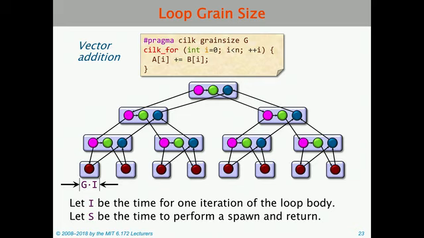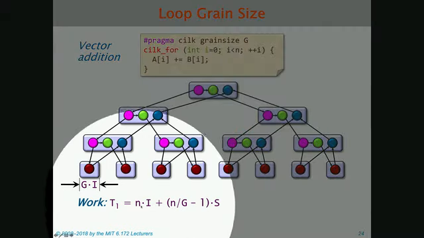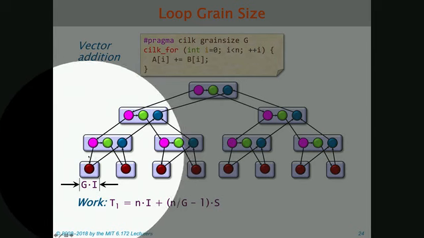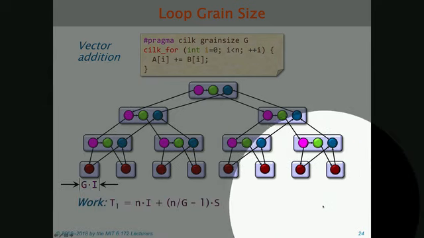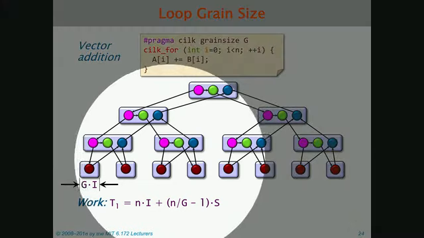So if I look at the work in this context, I can view it as I've got T1 work, which is n times I, the number of iterations, because I've got 1, 2, 3, up to n iterations. And those are just the normal iterations.